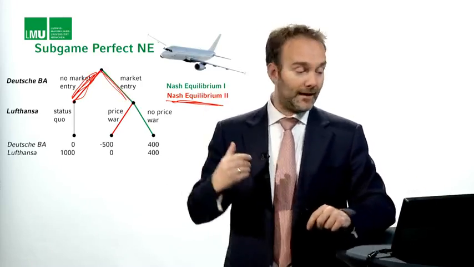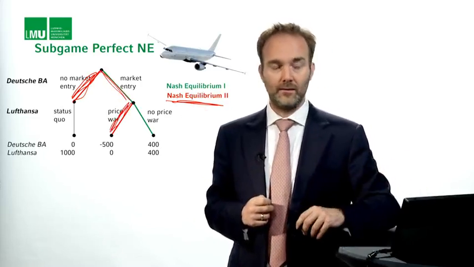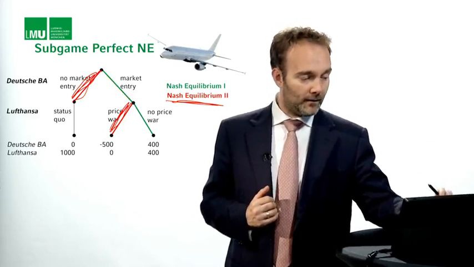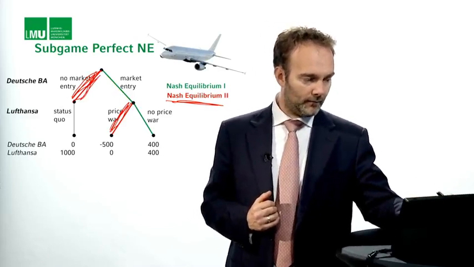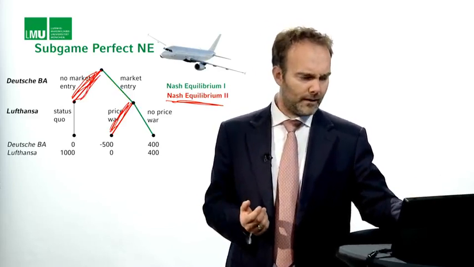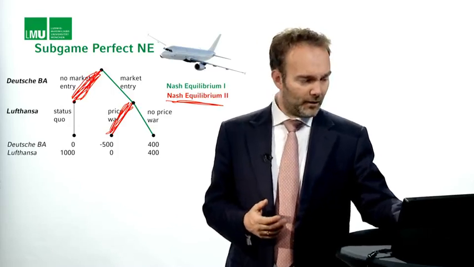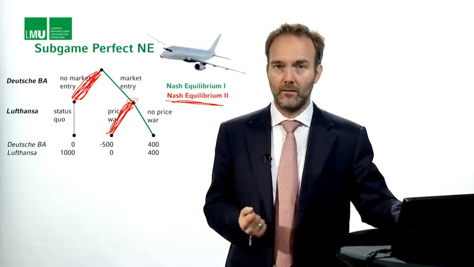So if they plan on starting a price war if Deutsche BA enters, then that's a strategy. And therefore, if Deutsche BA does not enter, then they have no incentive to do anything else, right? Because if Deutsche BA doesn't enter, then that part of the game is irrelevant. So they have no incentive to change their plan.